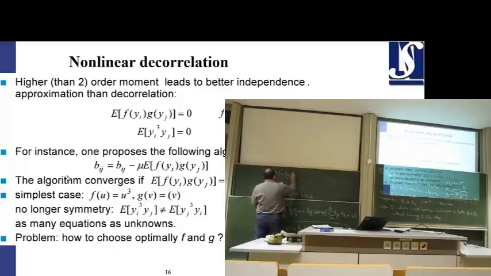It becomes log of determinant of W minus the expectation over that period of time of h of W, the local W for the time. That's all.